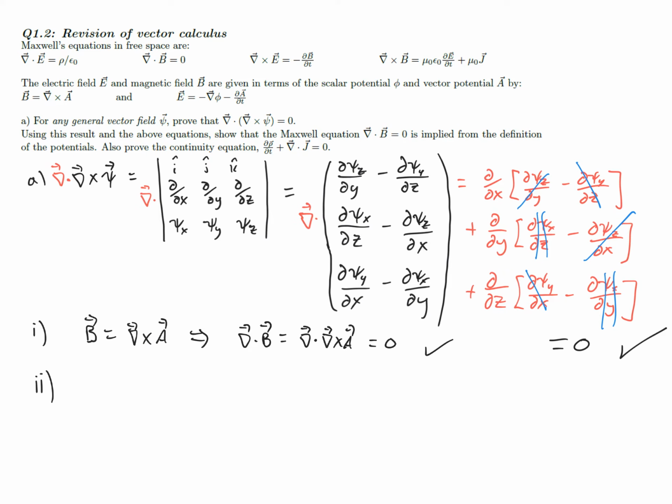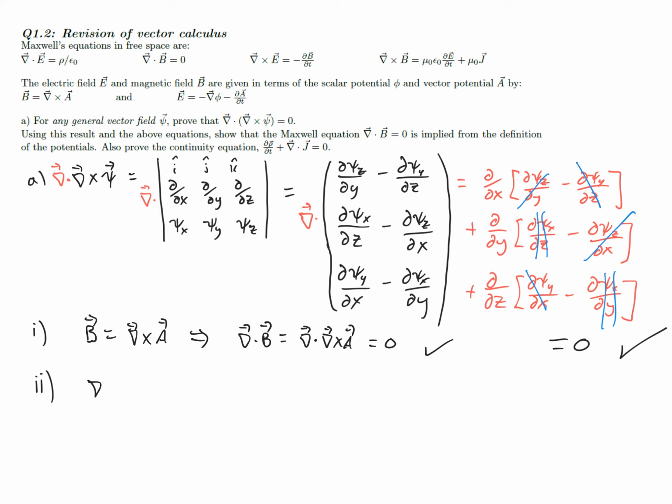Okay, the second part says, also prove the continuity equation. Now we've looked at the continuity equation in subsequent lectures. It's about the conservation of charge, the local conservation of charge. So how can we prove the continuity equation from this formulation? Well, why don't we start with Maxwell's equation for the curl of B this time?